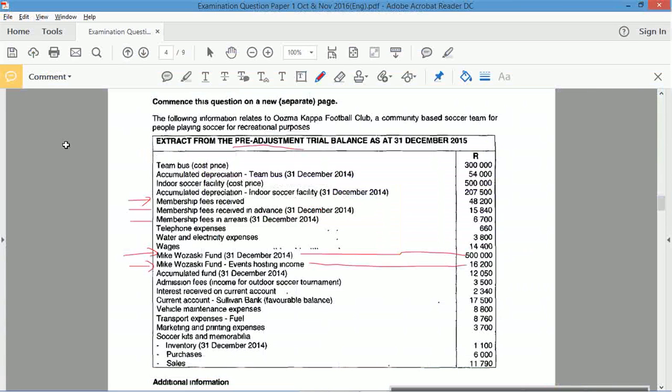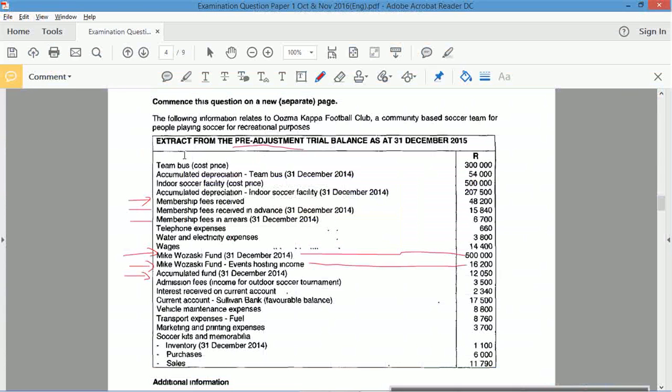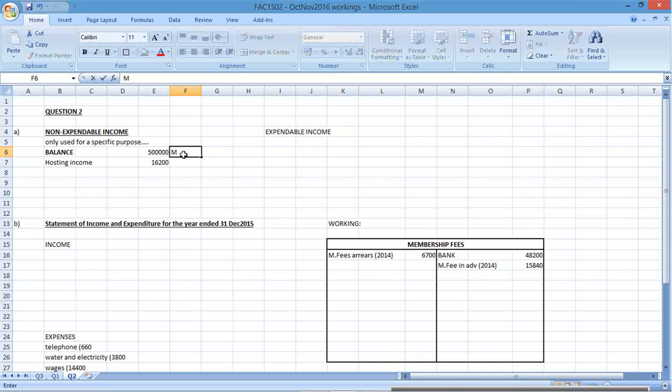Then you've got an accumulated fund. An accumulated fund is expendable, so that will be on this side. Mike's fund is the non-expendable one, and the accumulated fund would be the expendable fund.